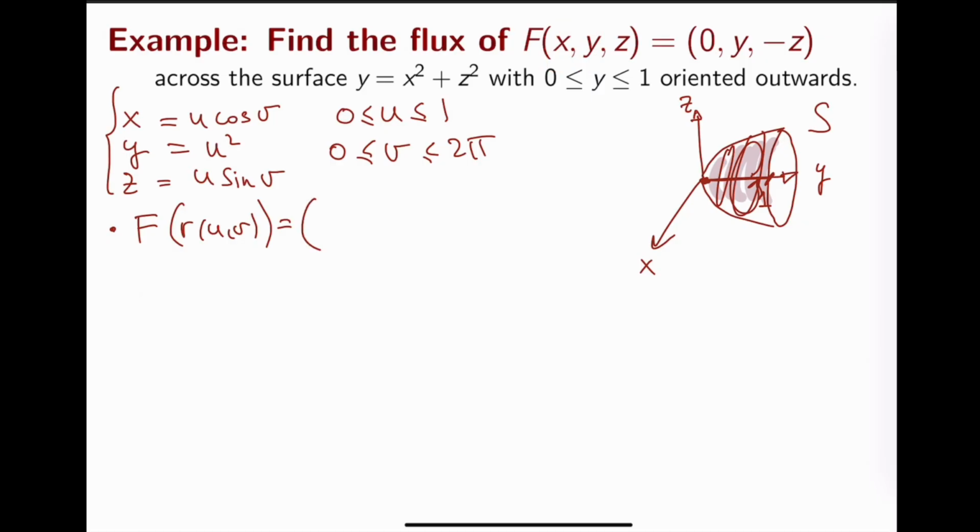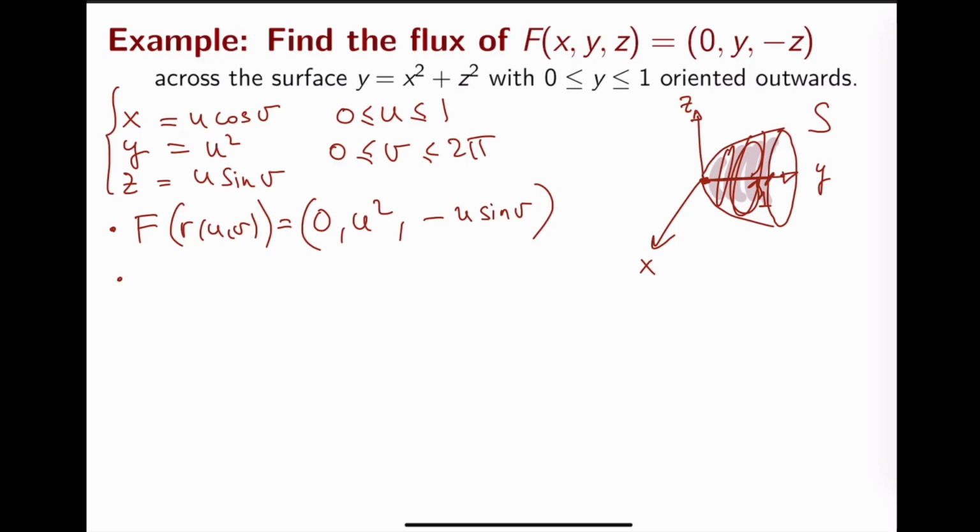So in this case it's going to be 0, nothing to substitute there, y is going to be u squared, and minus z is going to be u sine v. So that's the vector field evaluated at the parametrization.